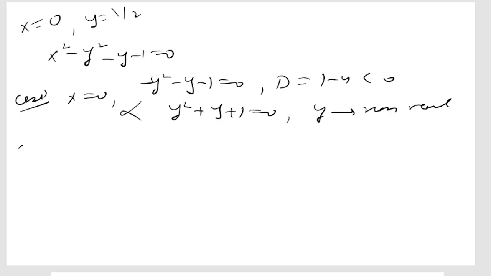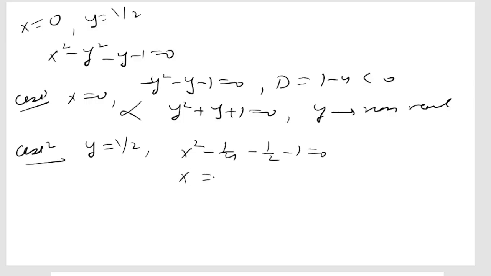So we'll take case 2, where y is equal to 1 by 2. Substituting y equal to 1 by 2 into x square minus y square plus y minus 1, I will get x square minus 1 by 4 plus 1 by 2 minus 1 is 0. So x square is equal to 3 by 4, or x is equal to plus minus root 3 by 2.